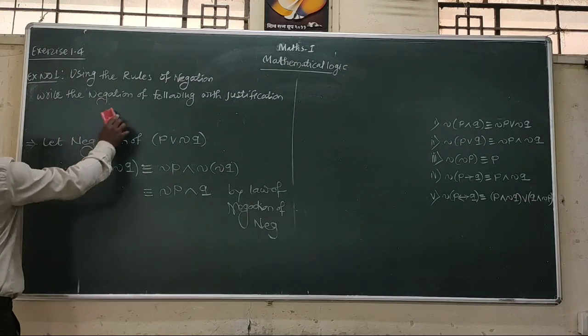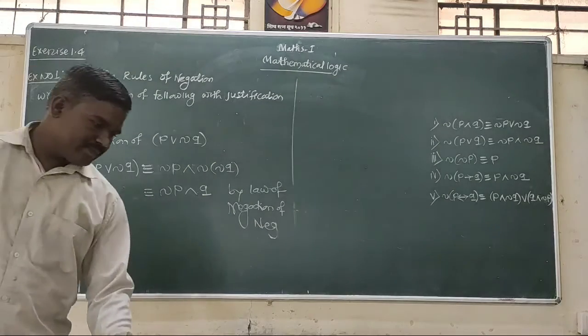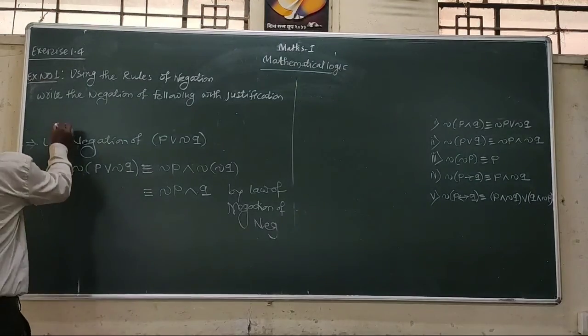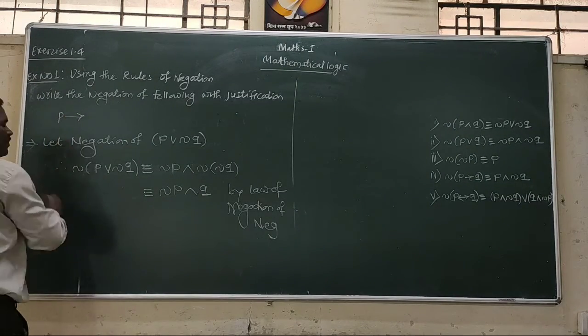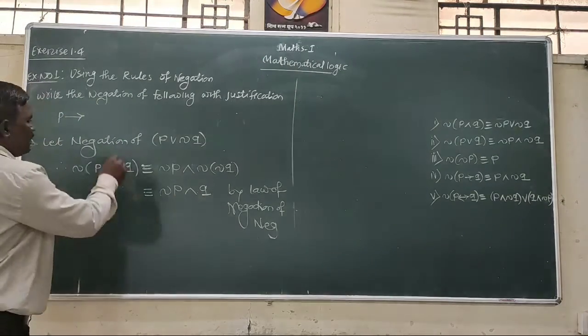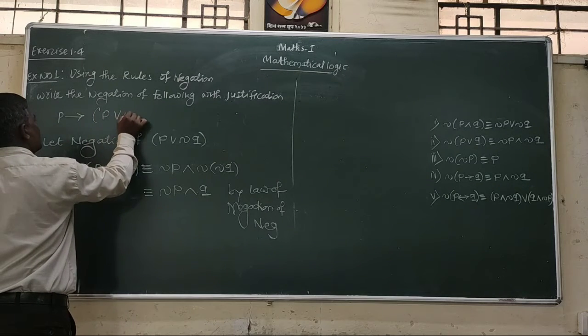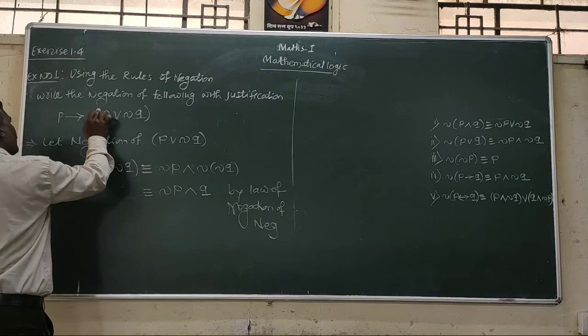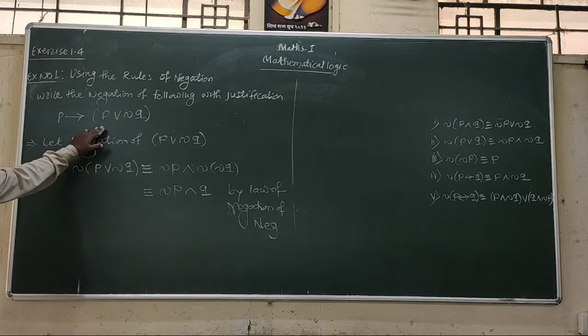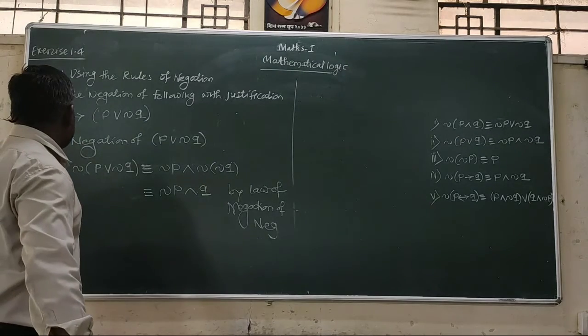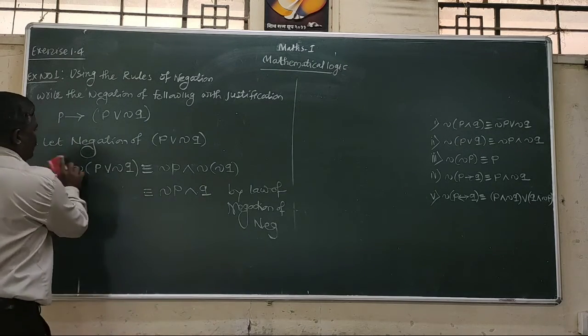The example number third is: p implies in bracket p disjunction negation of q. Write down its negation. Therefore, it is also easy.